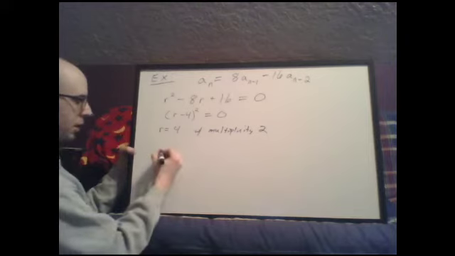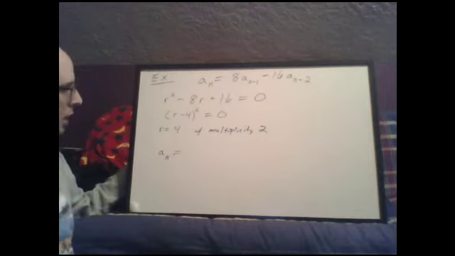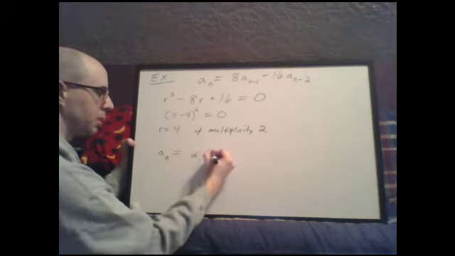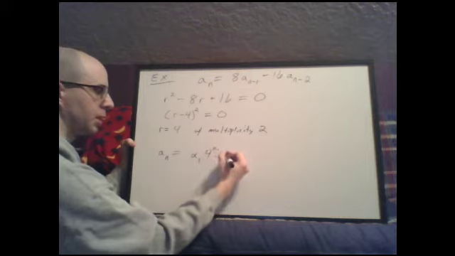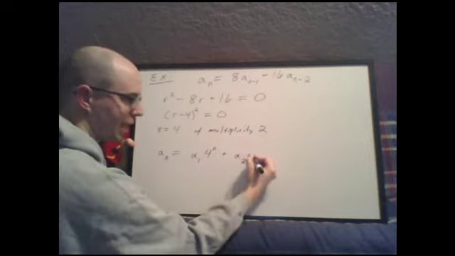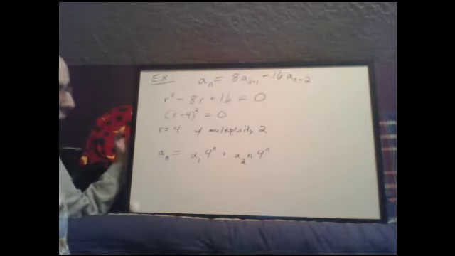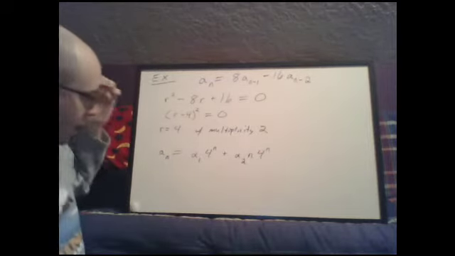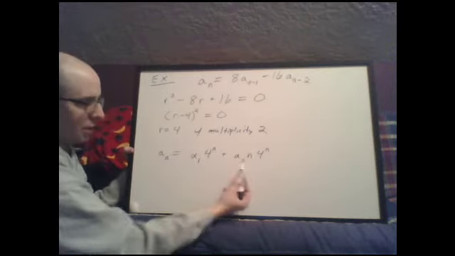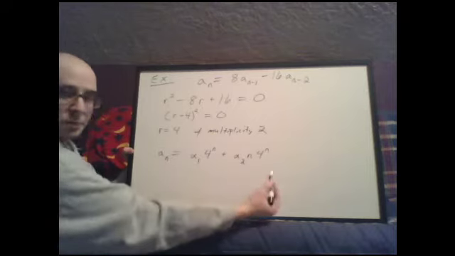So that tells us that our general solution would be a_n equals alpha 1 times 4 to the n plus alpha 2 n times another 4 to the n. If you like, you could factor out 4 to the n and you'd have a linear polynomial, alpha 1 plus alpha 2 n, times 4 to the n.